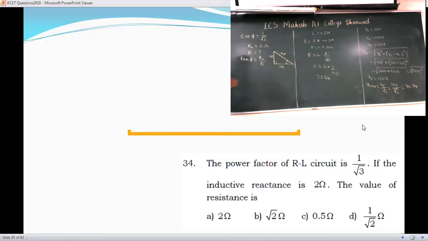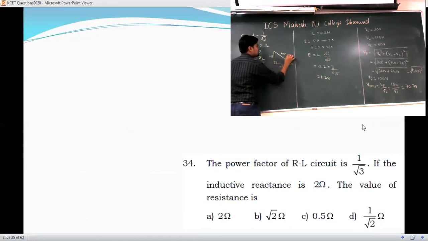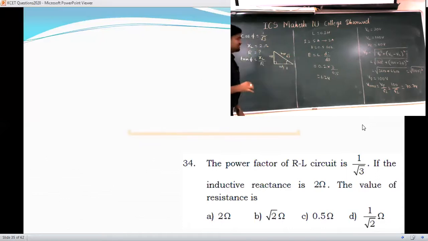Now cos phi they have given, it is 1 by root 3. It is adjacent upon hypotenuse, so adjacent is 1, hypotenuse is root 3. But what I need is tan phi. Tan phi is opposite upon adjacent.